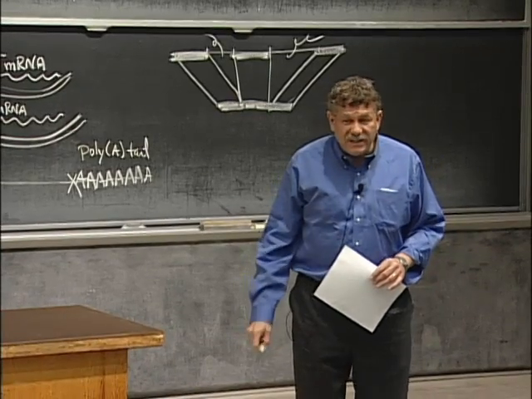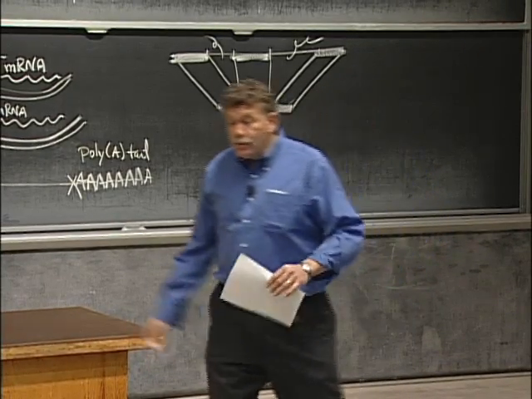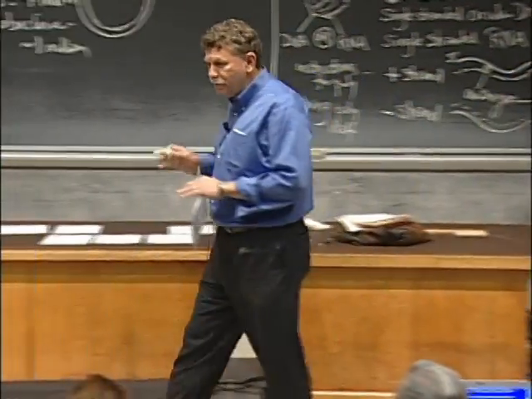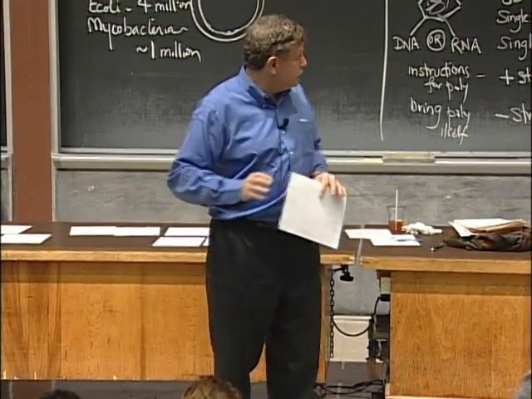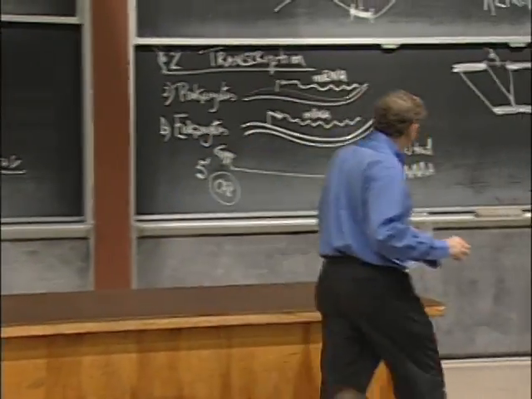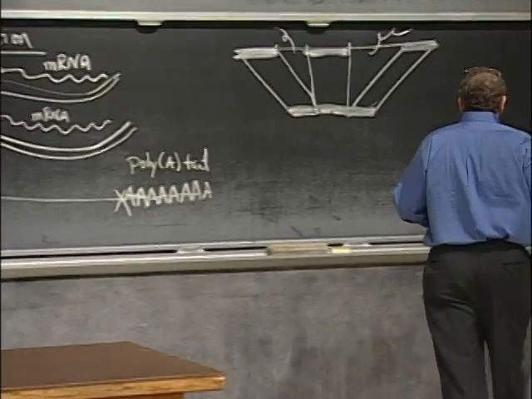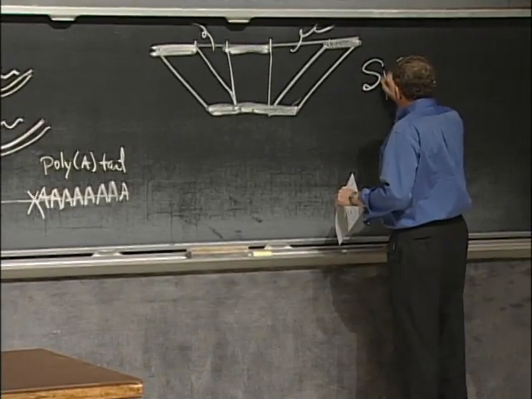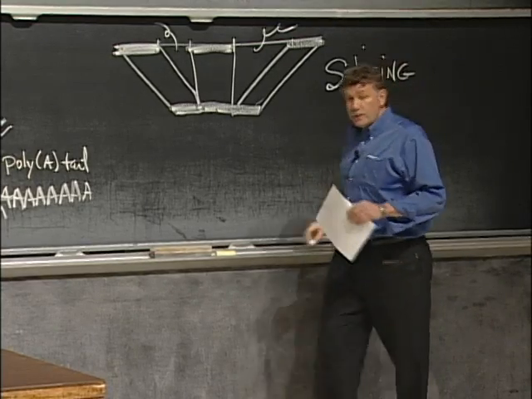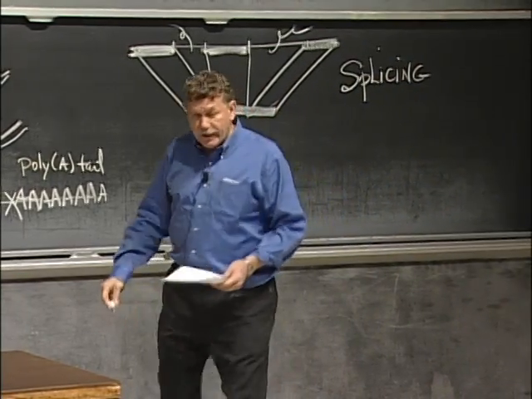They are spliced out. You might make a longer message, and whole chunks are spliced out. This is called splicing. Splicing throws out sequences. And it could start with a long mRNA and make it a short mRNA.